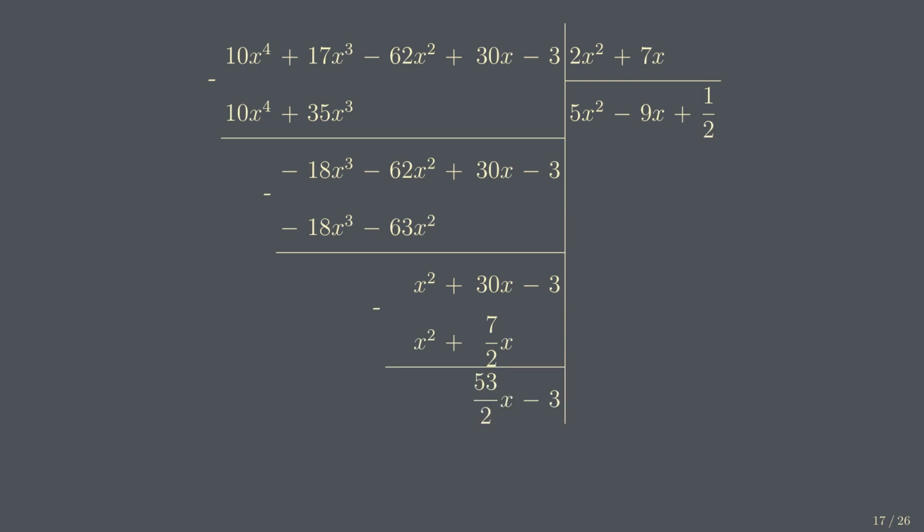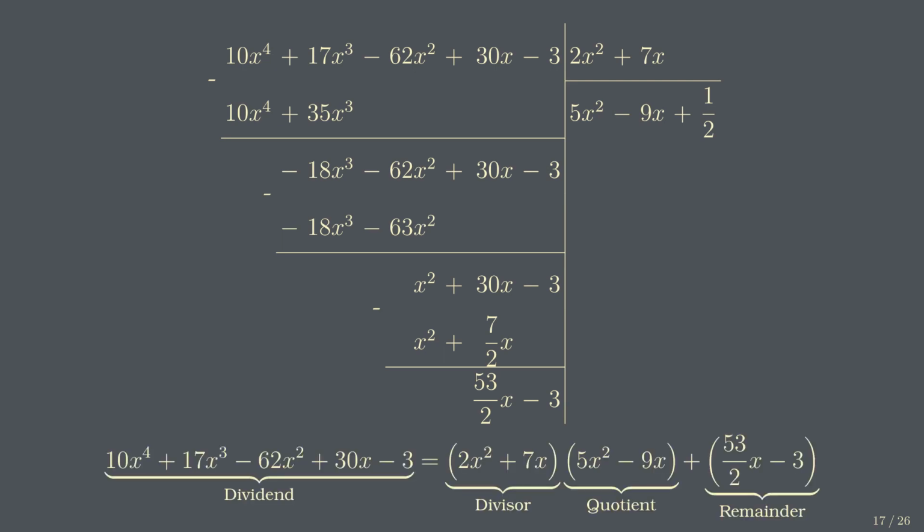Remember that this one is already a degree less than this, so this is the remainder, and this is the quotient of the division of f(x) by g(x). So you still have the rule: the dividend is equal to the product of the divisor and the quotient plus the remainder.